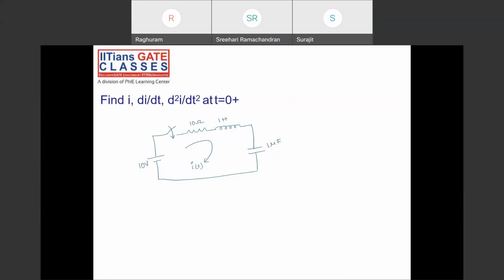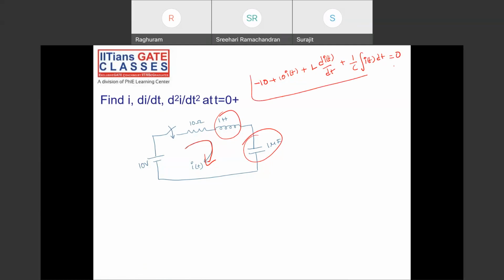What is the general equation for an RLC series circuit? If I write KVL in this loop: minus 10 plus 10 into i(t), plus the voltage across the inductor, L di(t)/dt, plus the voltage across the capacitor, 1 by C integral of i(t) dt, is equal to 0.